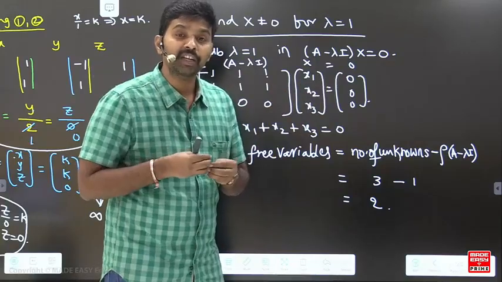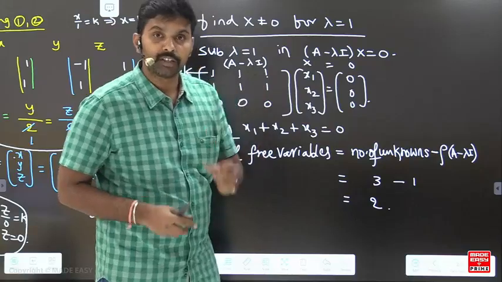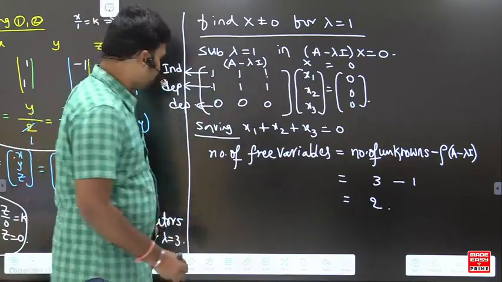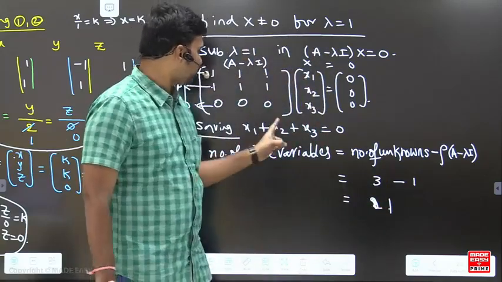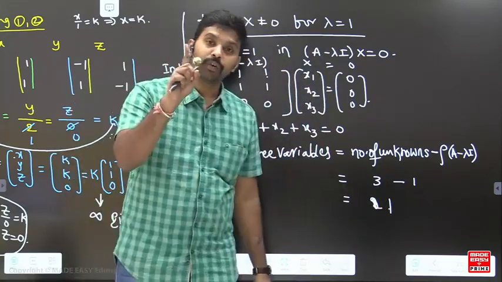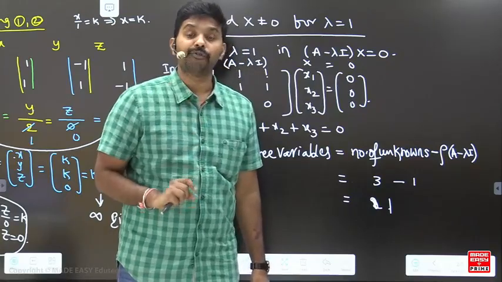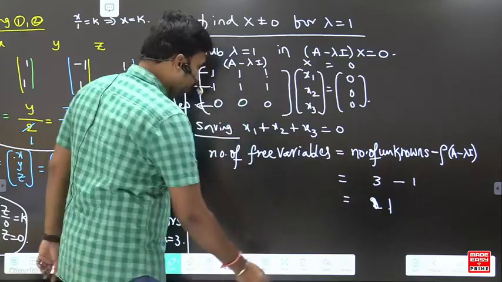You can assign free values to any 2 variables here. That is the concept of the number of free variables. Suppose the number of free variables is 1 here, then out of these 3 you take only one as a free value, that means any arbitrary value. I hope you understand.